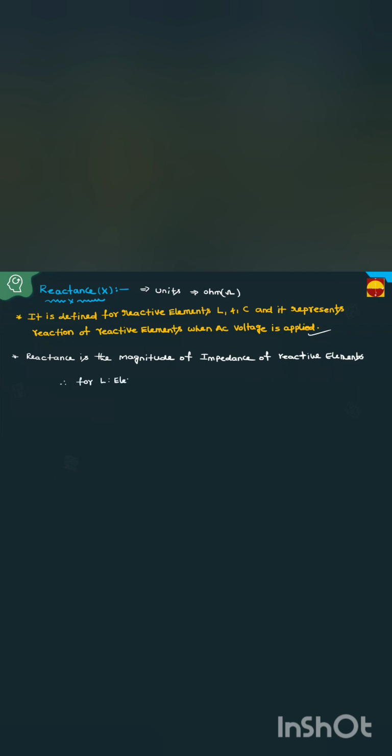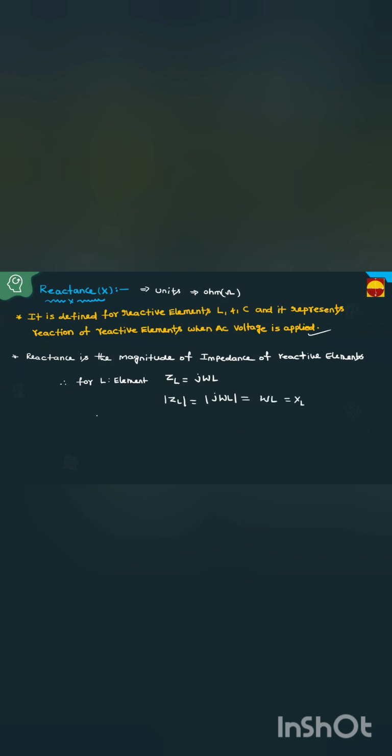ZL equals j omega L. You have to take the magnitude of this. Magnitude of ZL equals magnitude of j omega L, which is omega L.